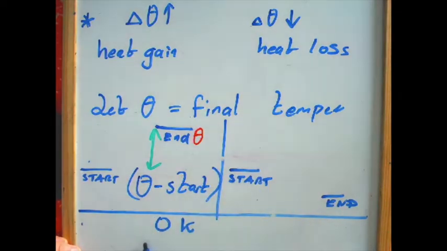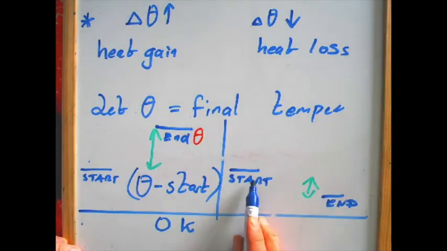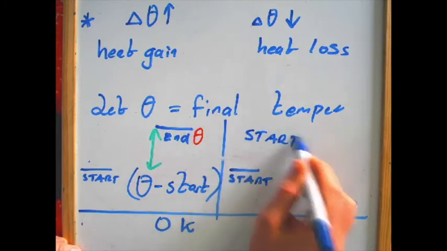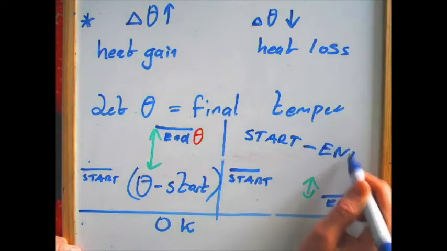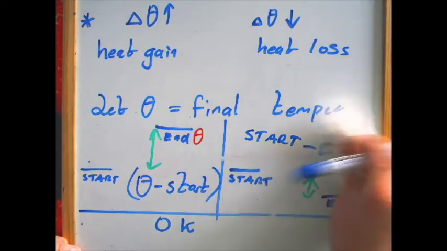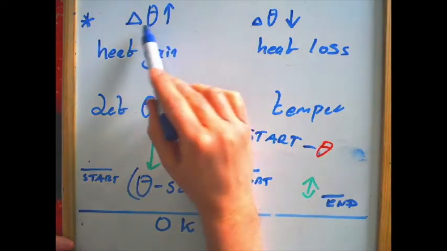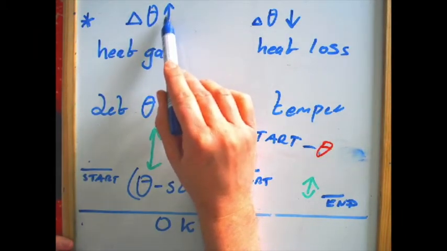In situations where you have to look at how much heat was lost, this time you're looking for the difference between the start and the end again. But slightly different, you're going to take the start and then subtract whatever the final temperature was, otherwise known as theta. So these are the two possibilities we could be doing. Going back up here, the delta theta is the change in temperature.